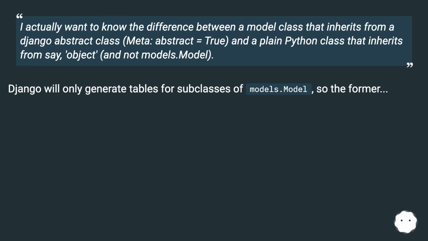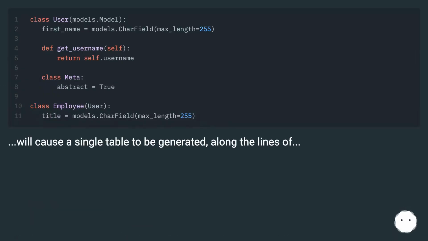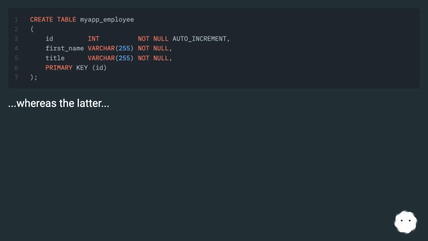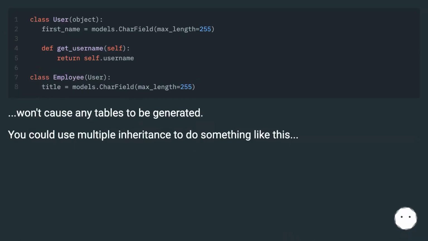Django will only generate tables for subclasses of models.Model, so the former will cause a single table to be generated, along the lines of, whereas the latter won't cause any tables to be generated.